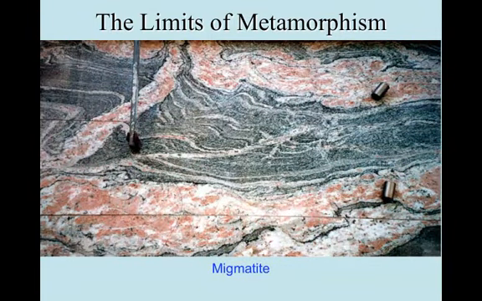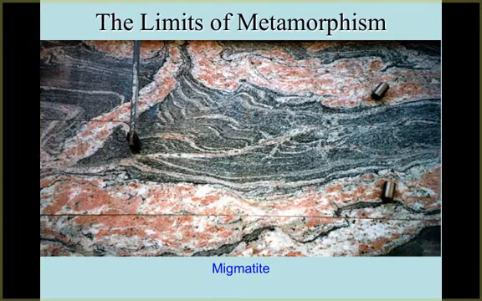Here's a migmatite, and what I want you to notice in the rock is the center of the image. We have what looks like a granitic gneiss. It's got a foliation, this planar texture. It is comprised of dark mafic minerals, and if it's granitic, we can say perhaps they're hornblende and biotite. And it has lighter minerals like quartz, K-spar, sodic plagioclase.